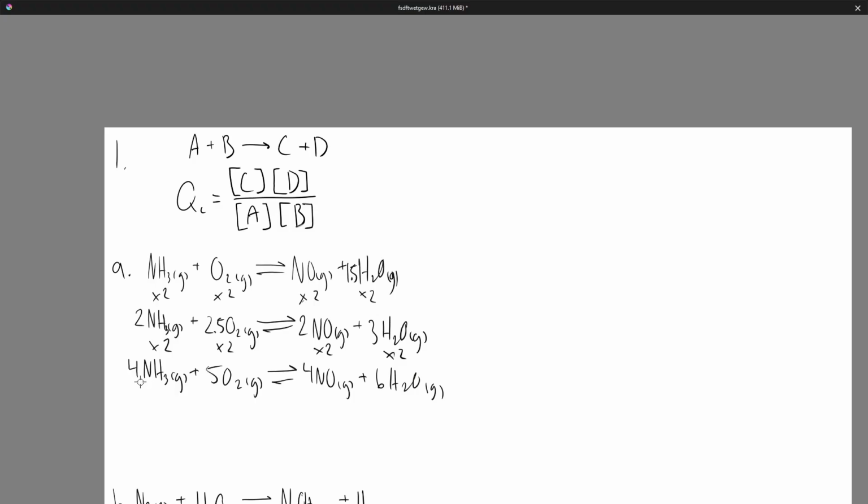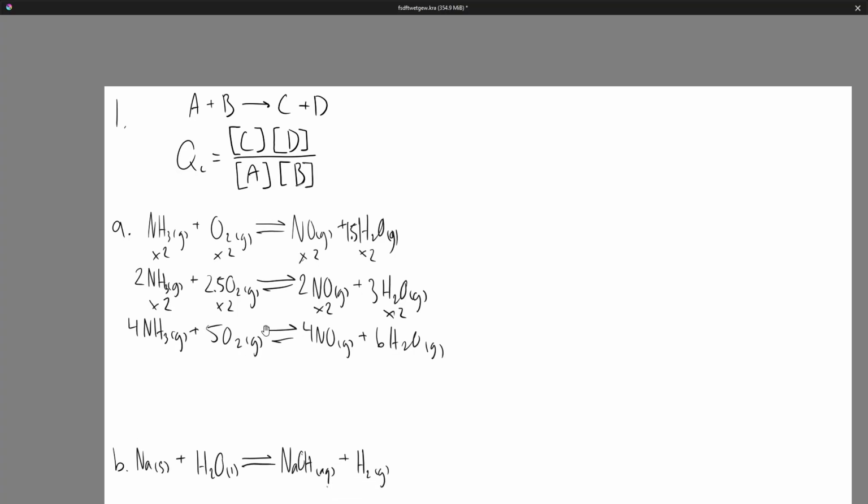Now it's balanced. See, 4 nitrogen, 12 hydrogen, and 10 oxygen, 10 oxygen right here. So this is balanced. This is good.